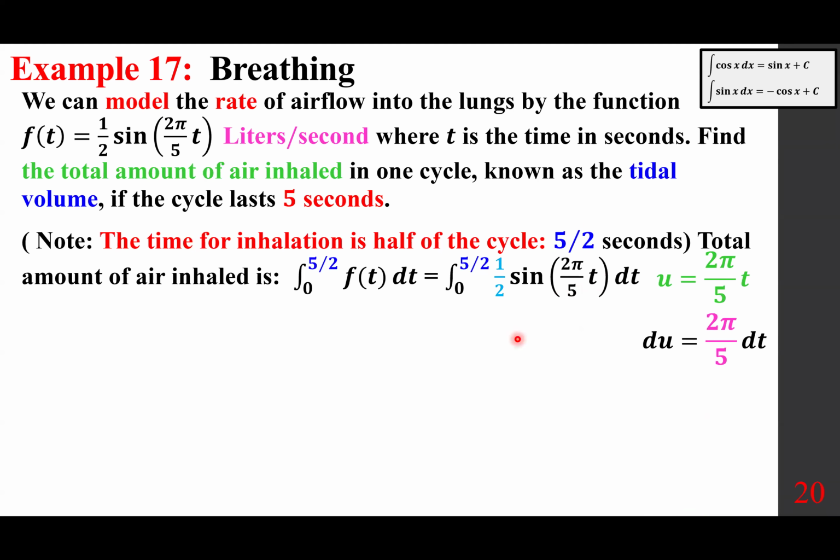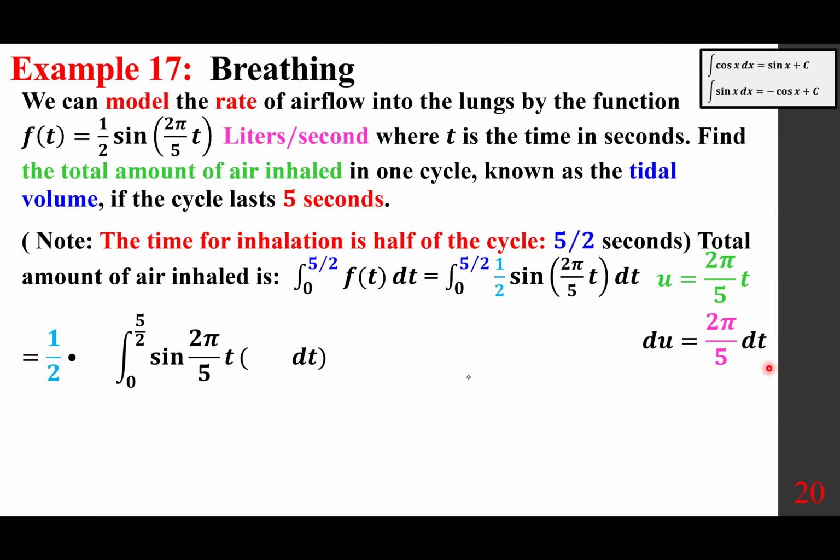So now that I want to deal with this, I'm going to rewrite it. First of all, I'm going to put the 1/2 out. Secondly, I have sine of 2π/5 t. Thirdly, I have dt, and 2π/5 is missing. Bear in mind, 2π/5 is a number.